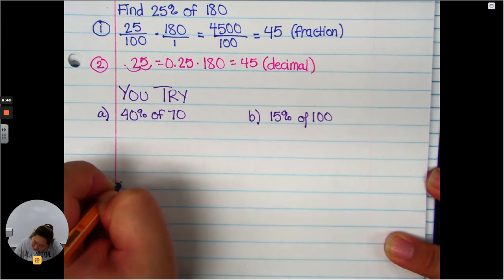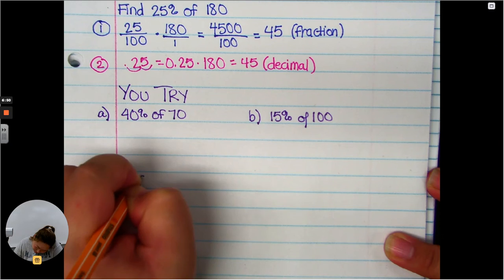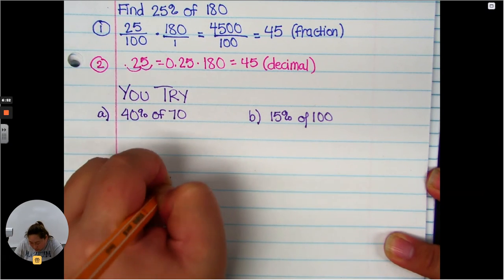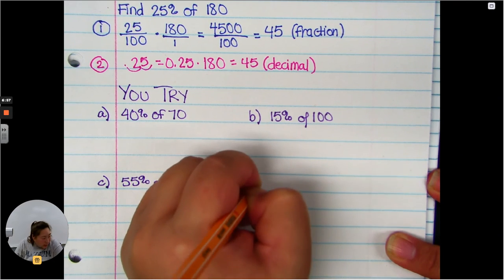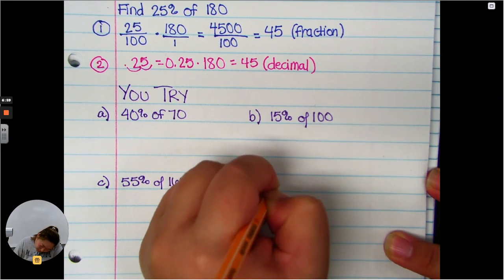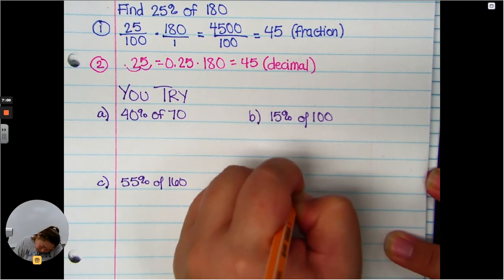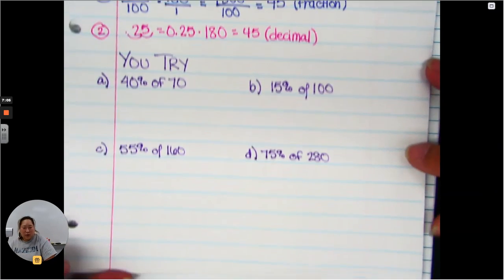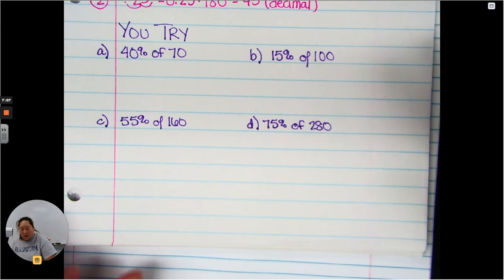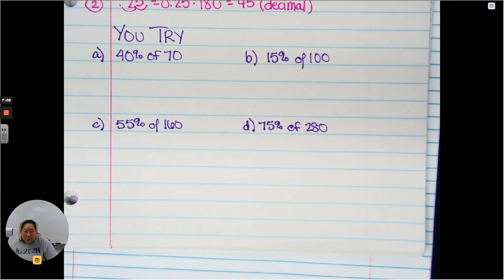I want you to try 55% of 160, and then I want you to try 75% of 280. So you're going to try these because these are your you tries. I'm going to be right back. Pause the video, please. Try them. Then we'll check back and we will check our work. Okay?